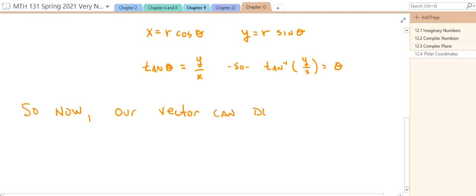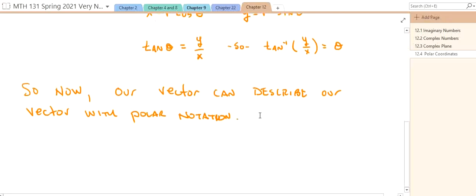We can describe our vector with this polar notation, with two different values, r and theta. So r equals 5 and theta equals the inverse tangent.